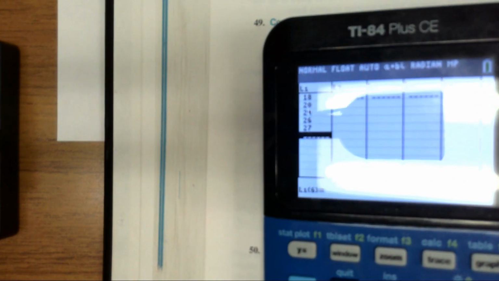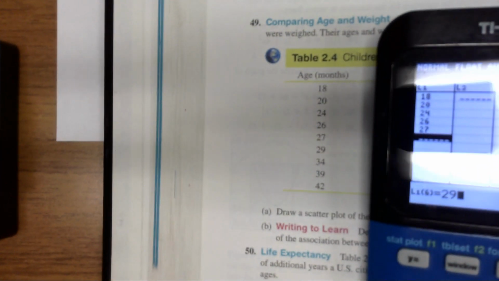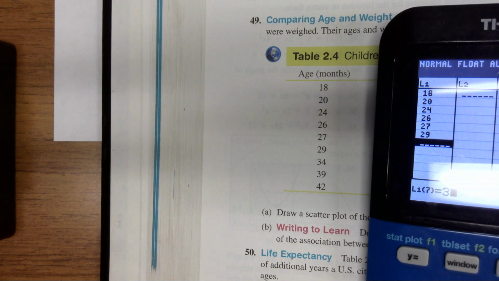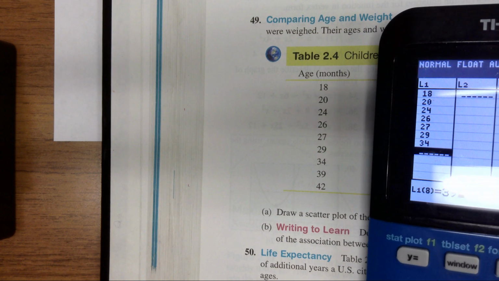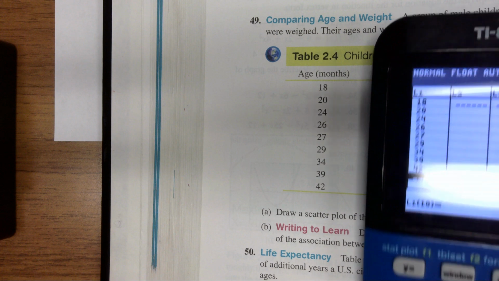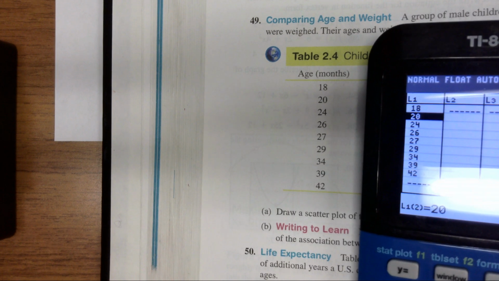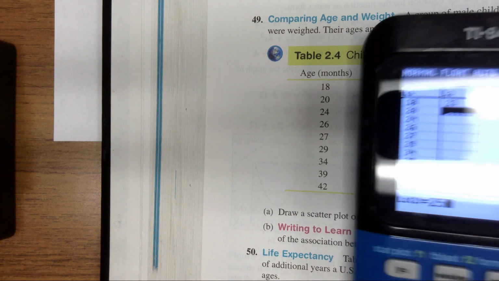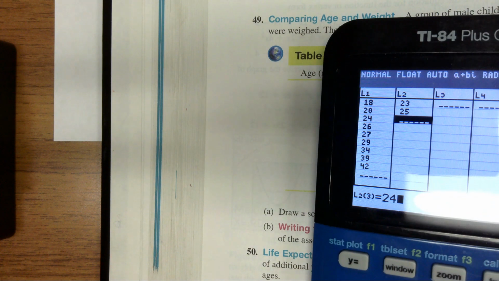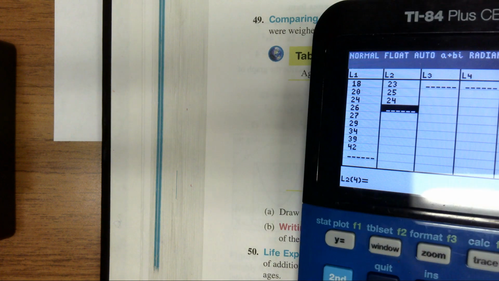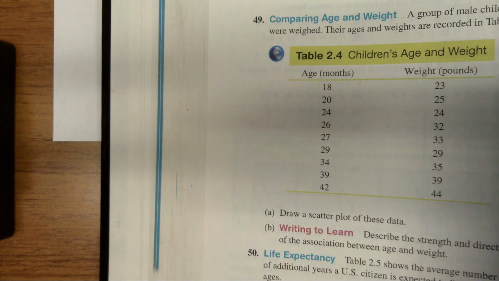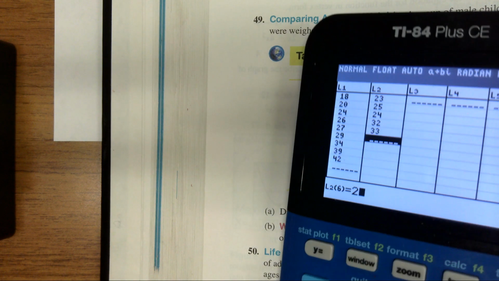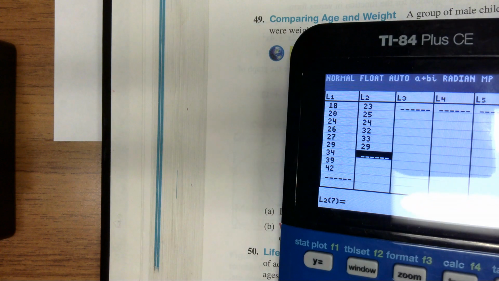Look at number 2 on the notes. And go to stat. Not the wheel. Put in four.